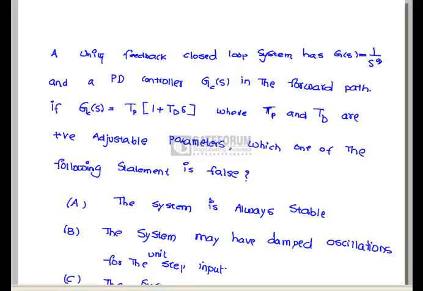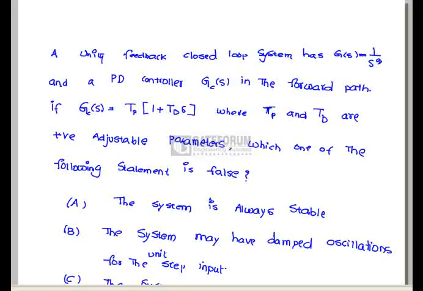Which one of the following statements is false regarding this unity feedback closed loop system? Coming to statement A, the system is always stable. In the forward path we have added a proportional derivative control, which adds a zero to the open loop system. Adding a zero improves the stability of the system, so statement A is true.